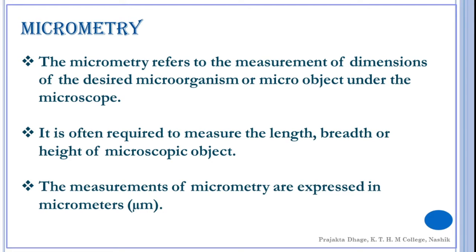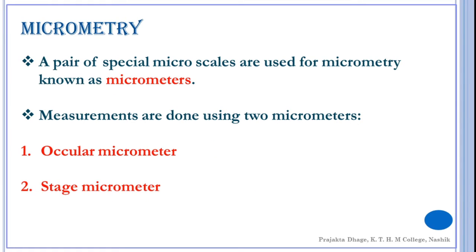Okay, now the measurements of micrometry are generally expressed in terms of micrometers. Now a special pair of microscales are used for micrometry, and these are called micrometers. So measurements will be done basically by using two micrometers.